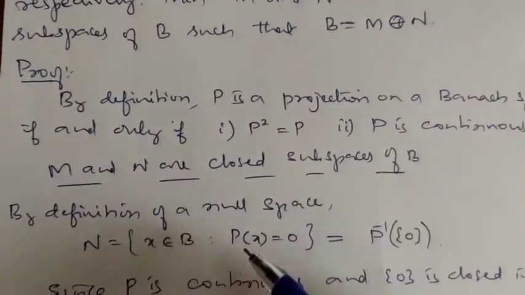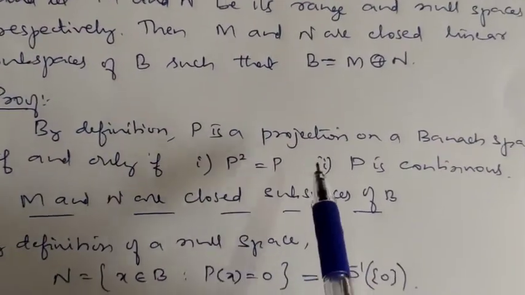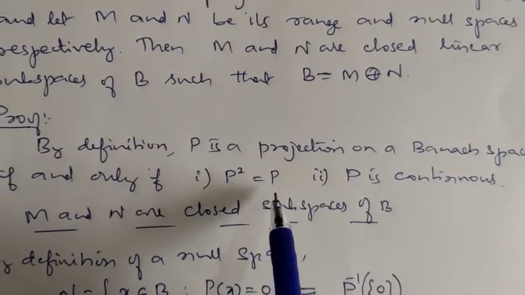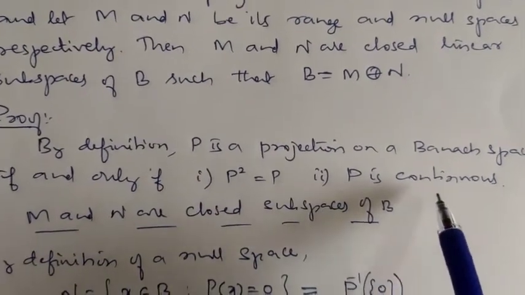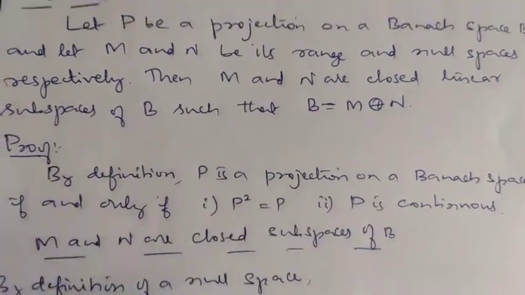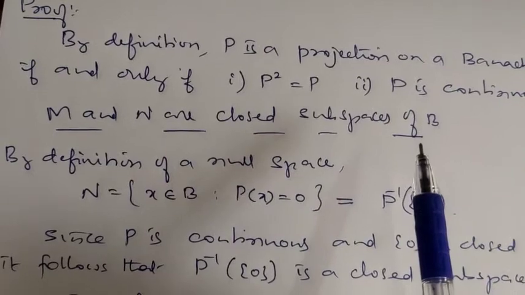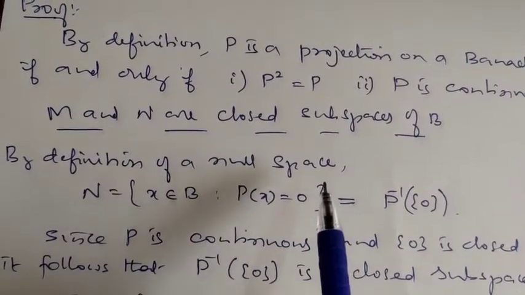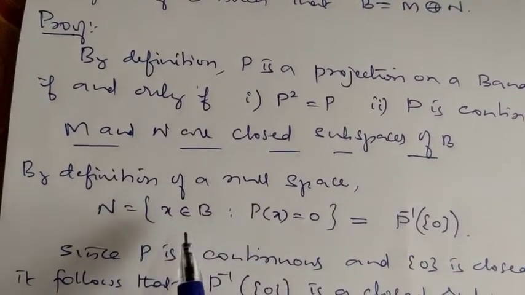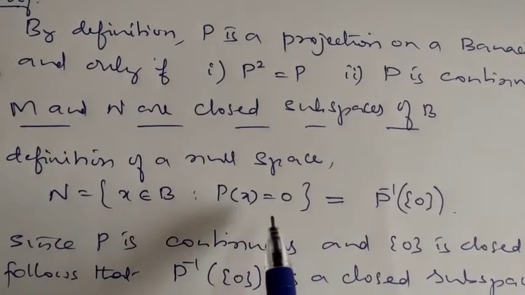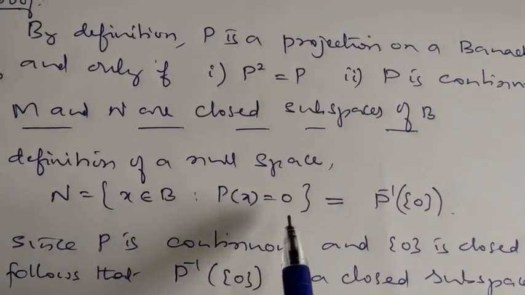Now, by definition, P is a projection on a Banach space means P square is equal to P and P is continuous. Now, we show M and N are closed subspaces. By definition of a null space, N is equal to the set of all x belonging to B such that P of x is equal to 0.